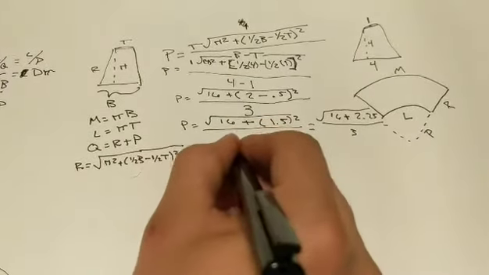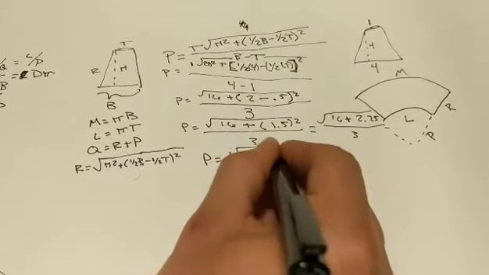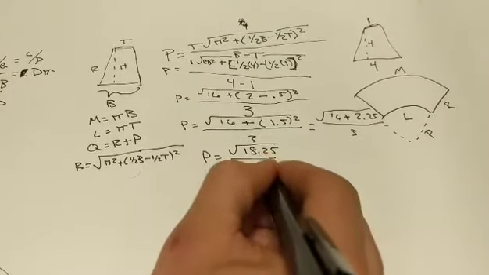So P is equal to the square root of 18.25 over 3.